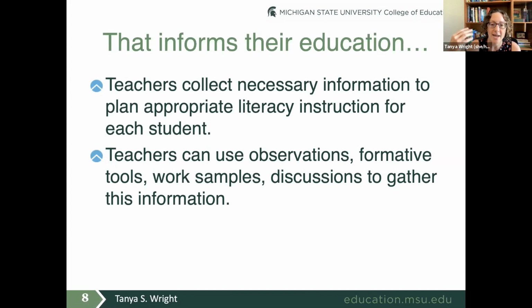So there's a lot of ways to figure out what kids are doing as readers. It's not just something that happens 3 times a year at benchmark time, or 3 times a year when it's some sort of opportunity for a more formal assessment, right? This is that ongoing formative assessment that helps teachers to figure out what kids are thinking.